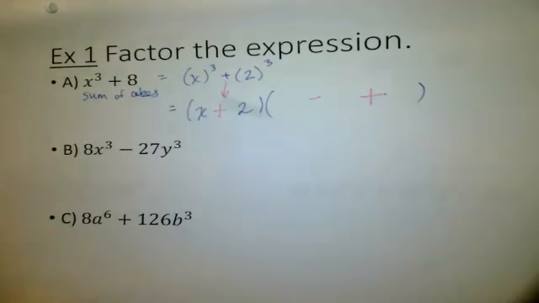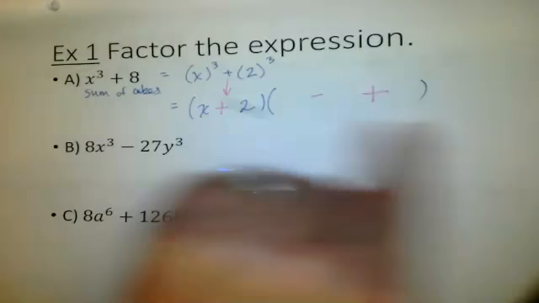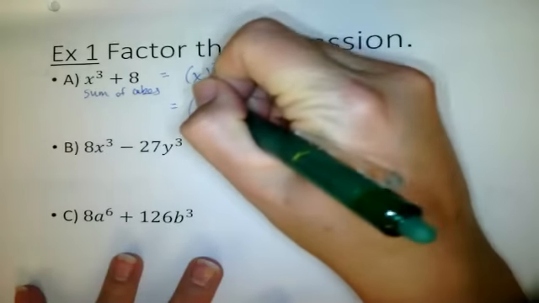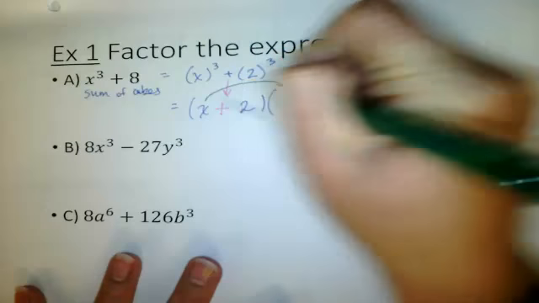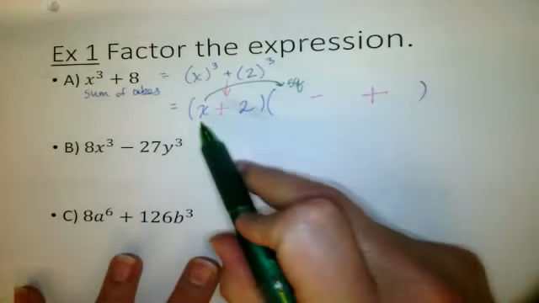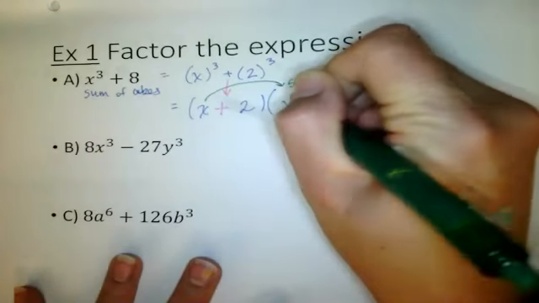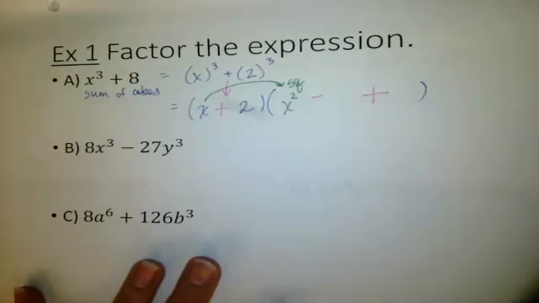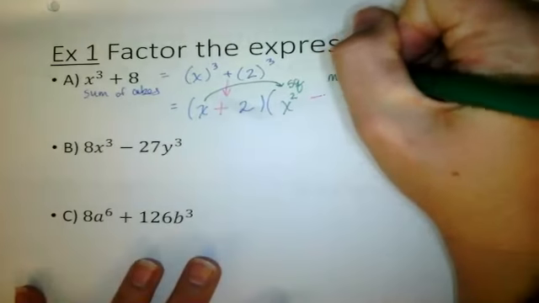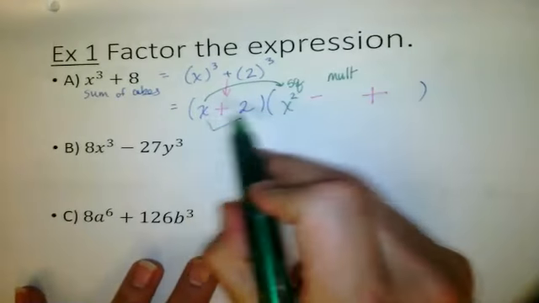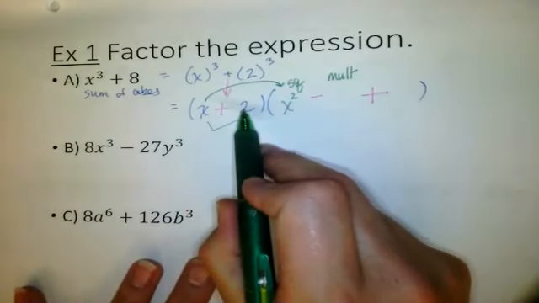Once you get that first binomial, then you get the rest of the trinomial by a really easy pattern. And that pattern is: square the first thing. X being squared is X squared. Multiply in the middle, meaning we're just going to multiply our 2 and our X together. 2X.